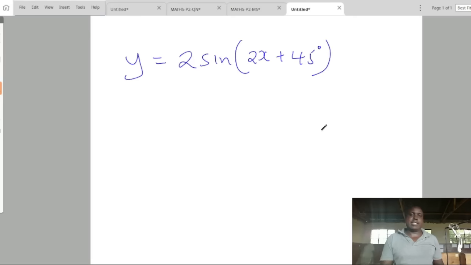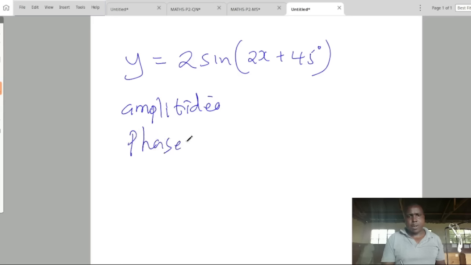When you have a general equation of this nature, y is equal to 2 sine into 2x plus 45 degrees, here you need to know the amplitude, the phase angle, and then the other thing is the period of the wave. So these are the things.